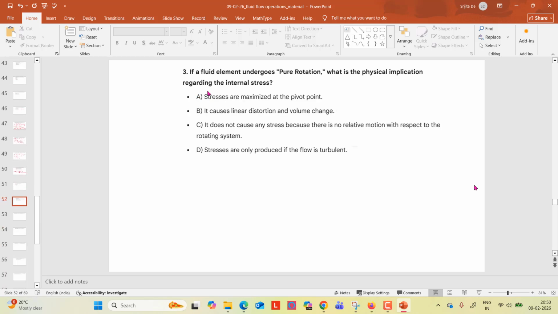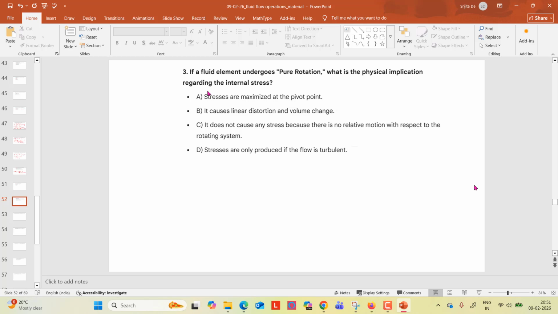If a fluid element undergoes pure rotation, what is the physical implication regarding the internal stress? Stresses are maximized at the pivot point. It causes linear distortion and volume change. It does not cause any stress because there is no relative motion with respect to the rotating system.